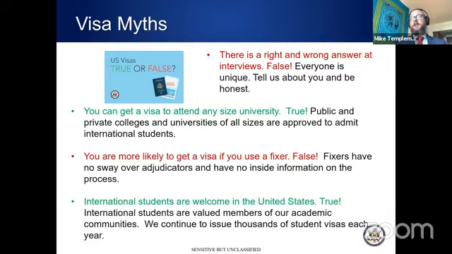We recognize that there are many, many talented students here. Most of our schools in the United States are equipped to accept international students, and the ones that are approved are very excited to have you come. Every year we see thousands and thousands of students coming to the US. Next slide, please.